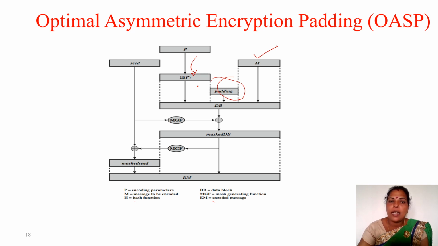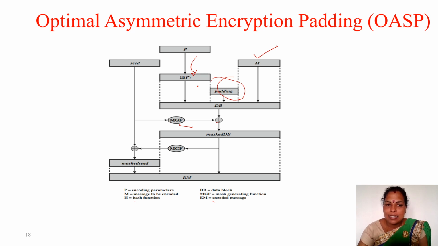Then with the help of the seed, we are getting the mask generating function. This mask generating function is XORed with the data block to get the masked data block. Then again, with the help of the masked data block, the mask generating function output is XORed with the seed, and we are getting the masked seed.